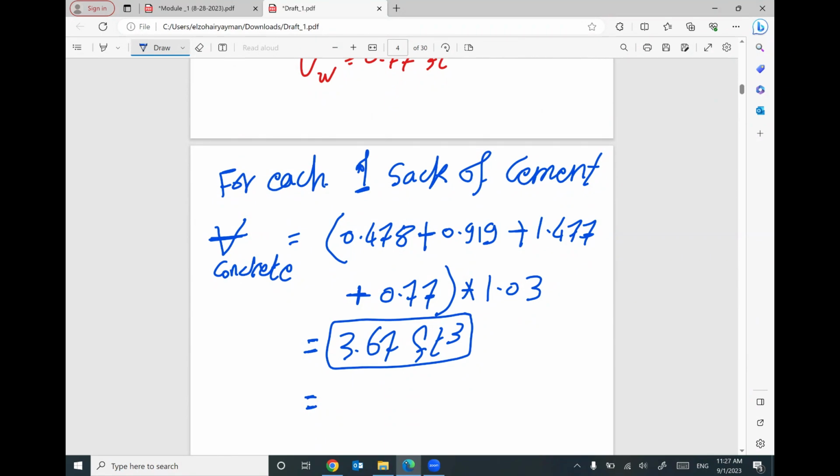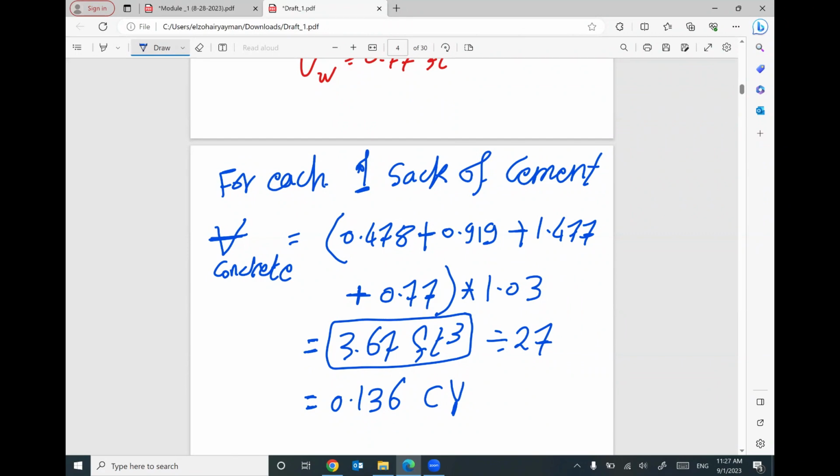Or equal 0.136 cubic yard. I divided this number by 27 to convert from cubic feet to cubic yard.